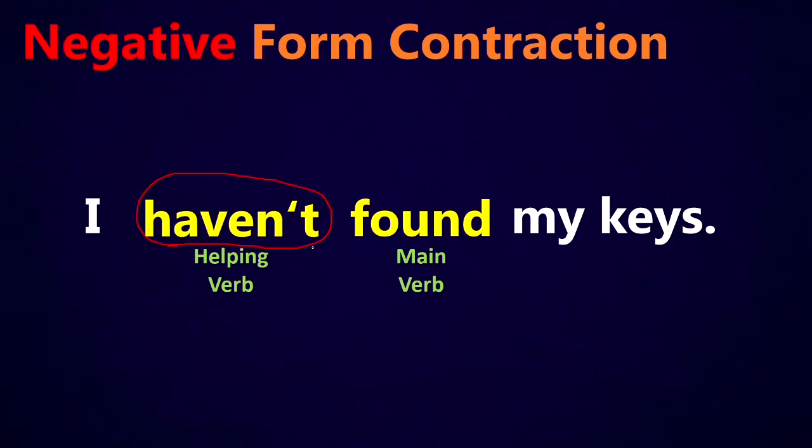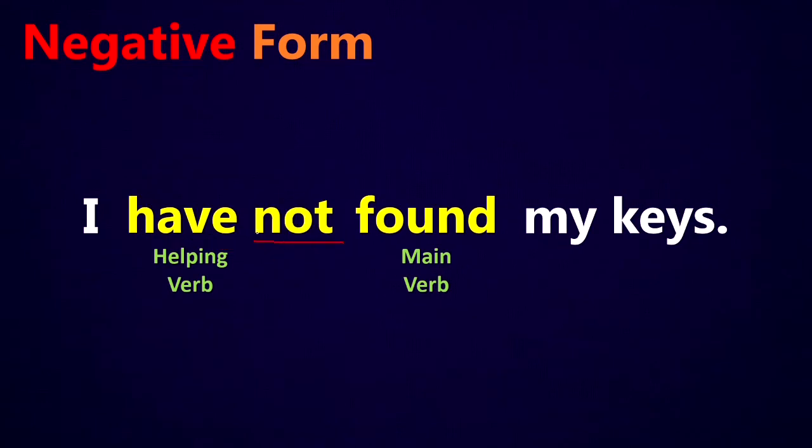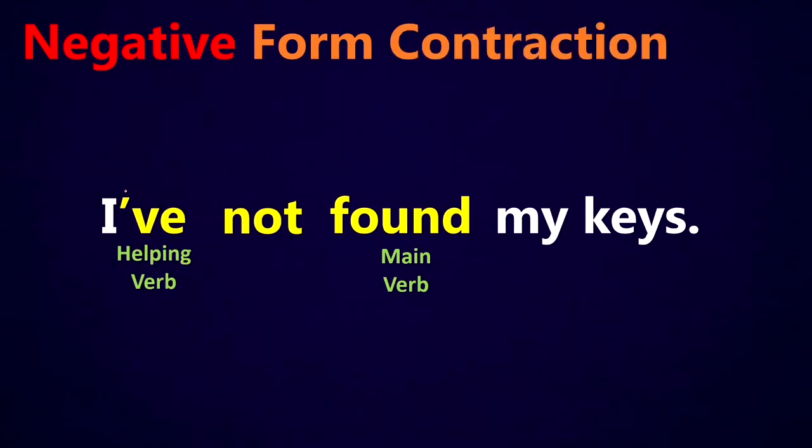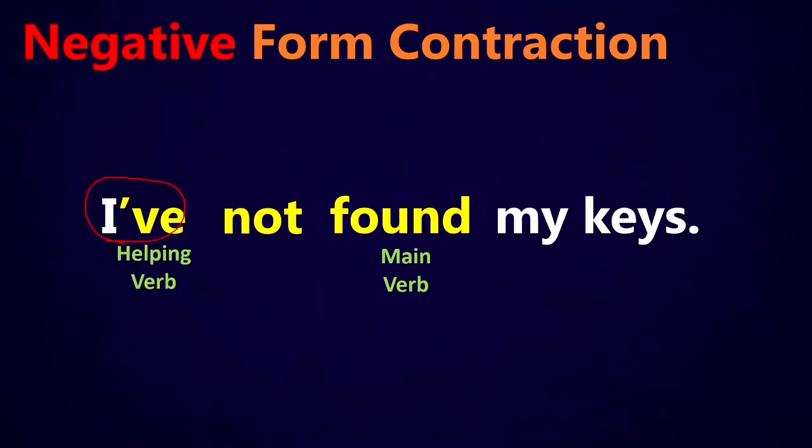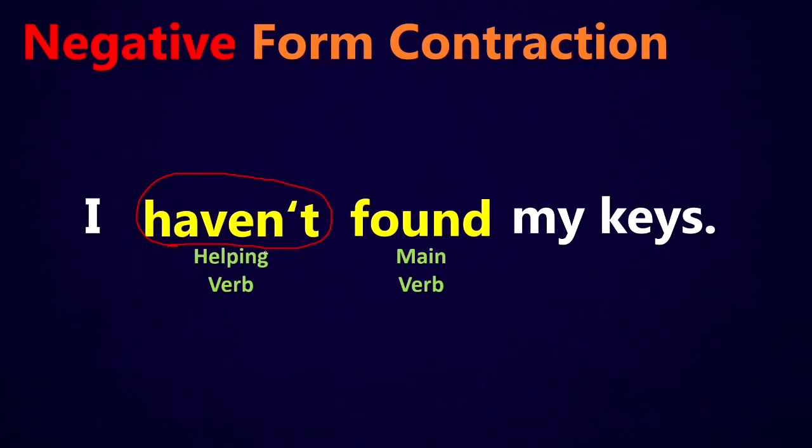We can also contract the helping verb with the subject. So we could say, I've not found my keys. So we've contracted the helping verb with the subject. Now, when we're talking about the negative, this form will probably be more common than this form. We can use either one, but most of the time I think people will use haven't or hasn't.